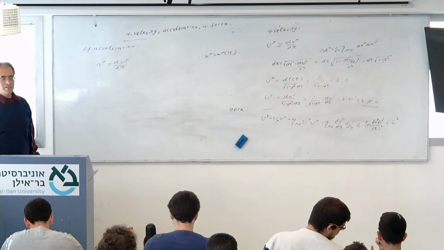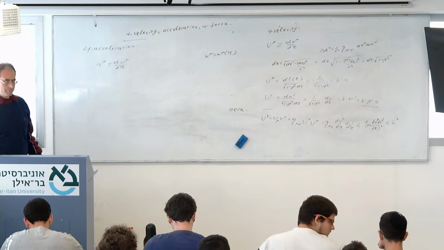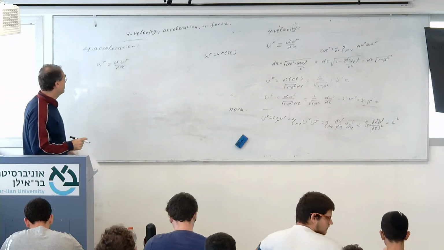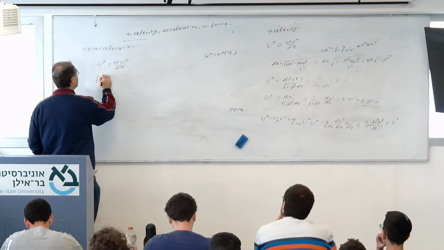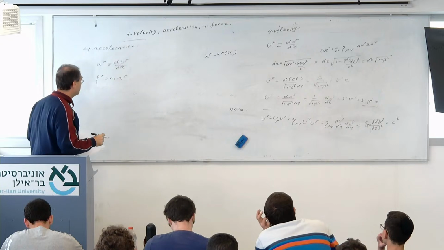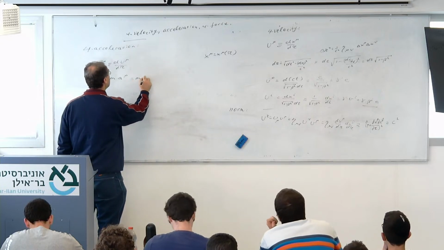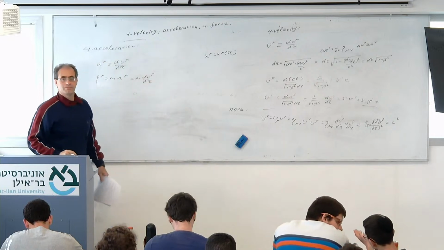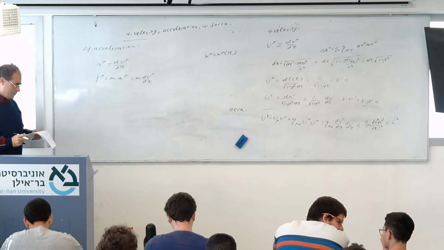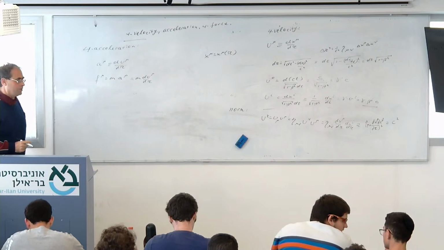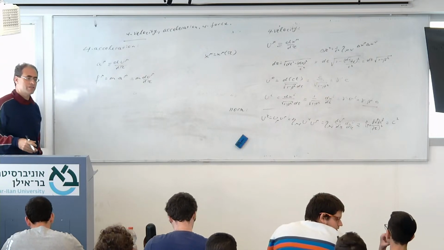What will be the force? Mass times acceleration, right? So F^μ is m times a^μ, which is m du^μ over dτ. Once you get it, things are pretty straightforward. There's nothing much more you can do. This is, of course, the relativistic version of Newton's second law.